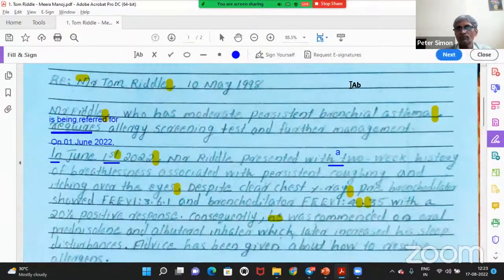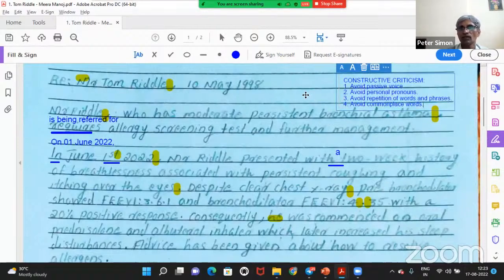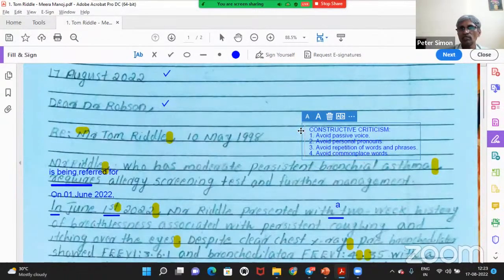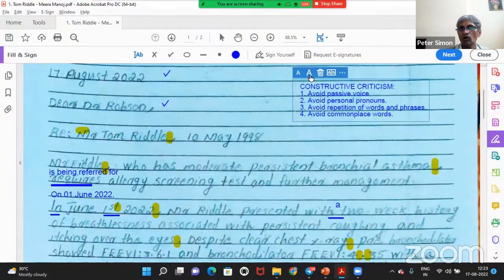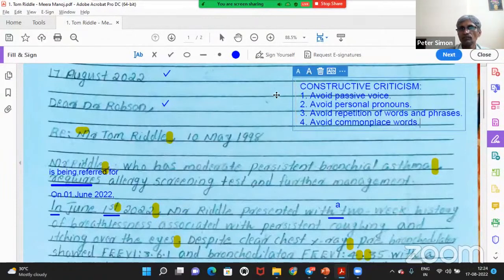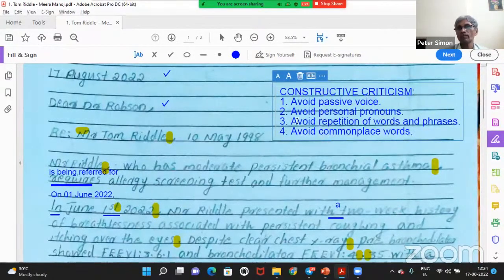If you want improvement, the first point is, number one, avoid these four things. This is constructive criticism. These are the four things that you must avoid if you want to improve the quality. Avoid active voice, avoid personal pronouns, avoid repetition of words and phrases, avoid commonplace words.